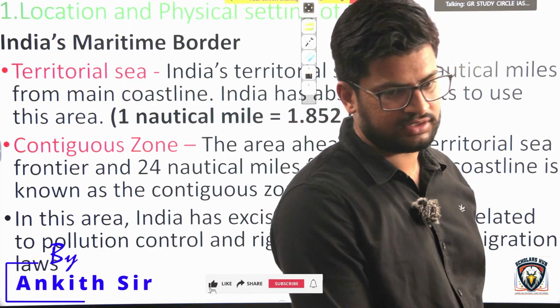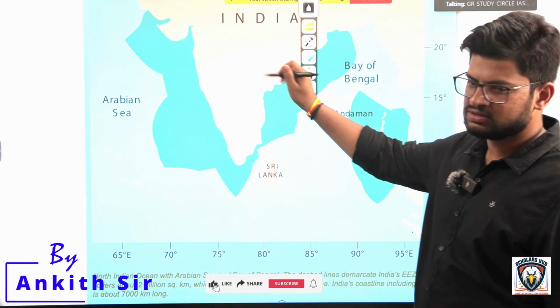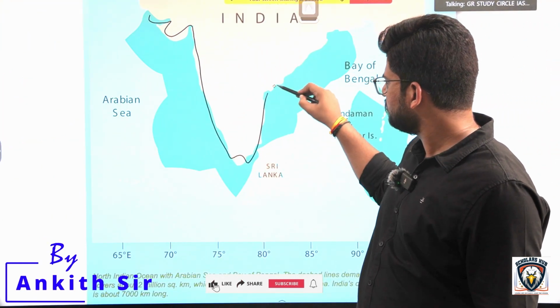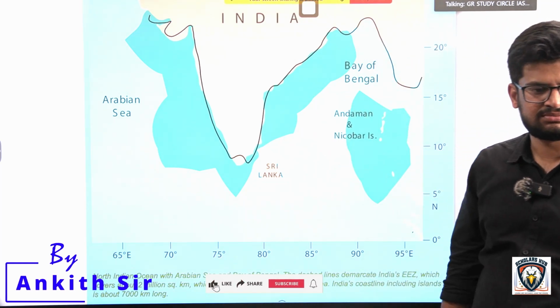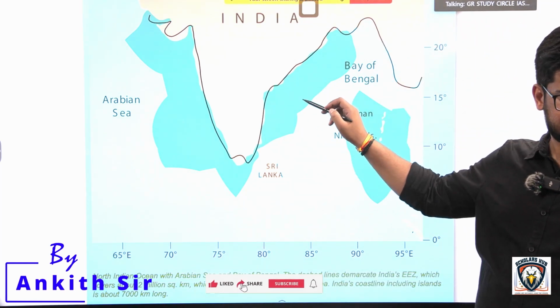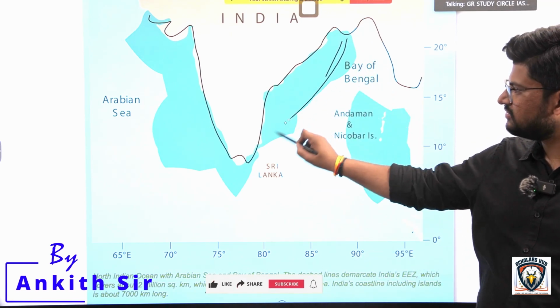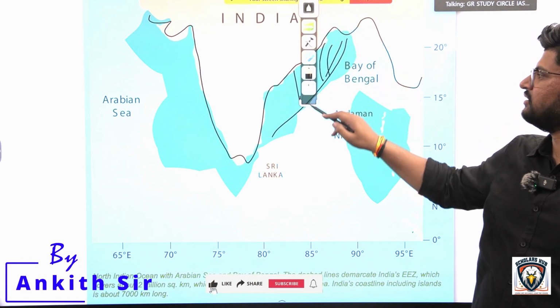Then the maritime boundary. This is the land boundary for us, right? According to the national ocean policy, the area surrounding the coast up to some extent in the ocean water is also considered our territory. We call it territorial sea.